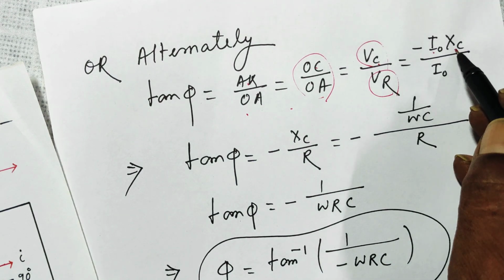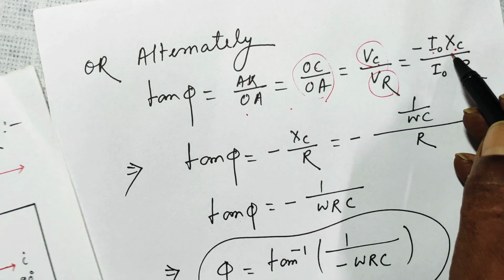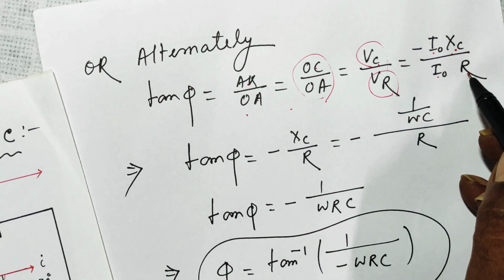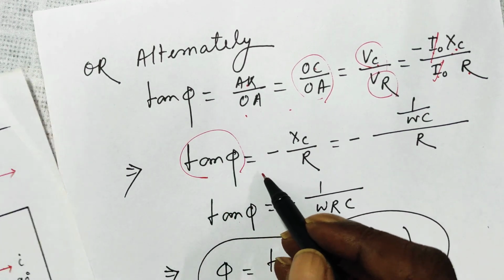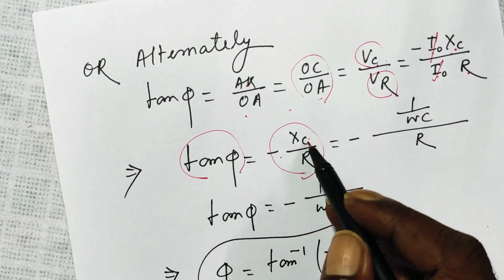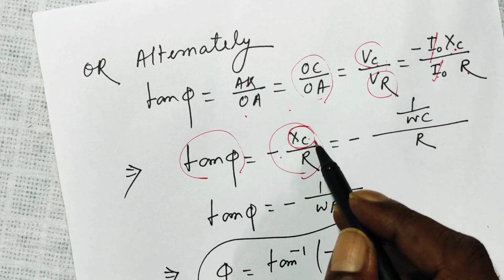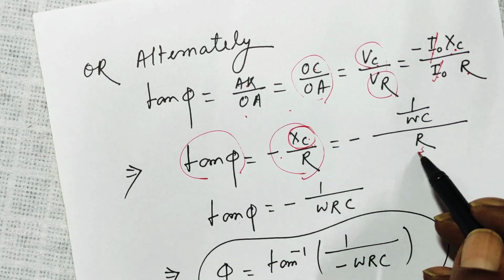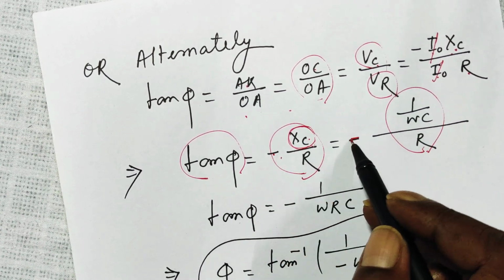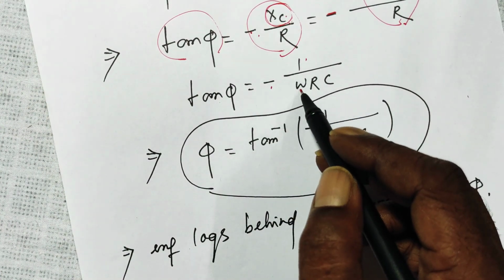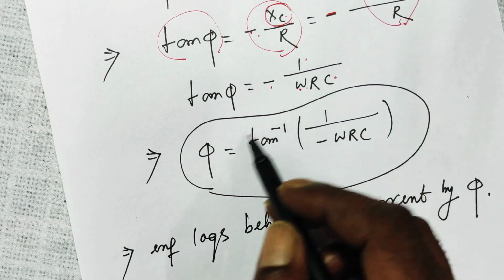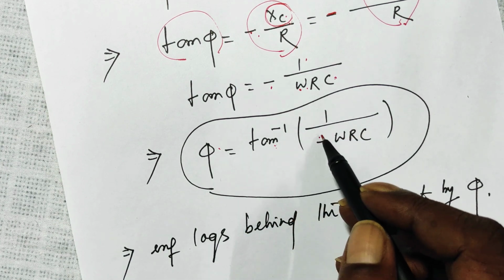VC is current into reactance across the capacitor, VR is current into resistance, I naught cancels, so tan phi is equal to minus XC over R. This is the capacitive reactance, 1 by omega C, with the minus sign kept here. So tan phi becomes minus 1 by omega RC, so phi is equal to tan inverse of this.